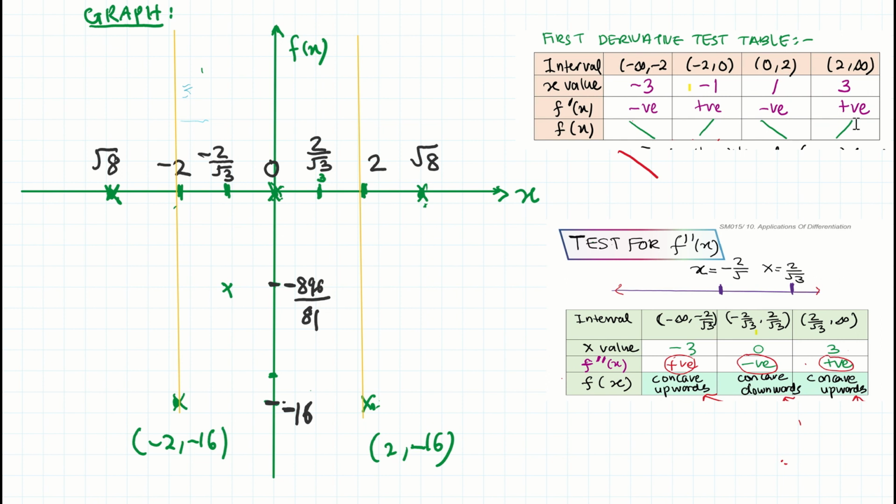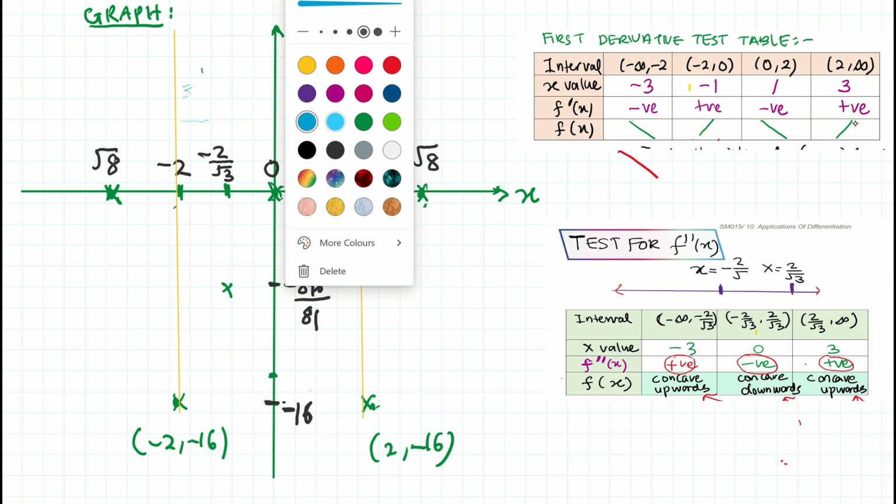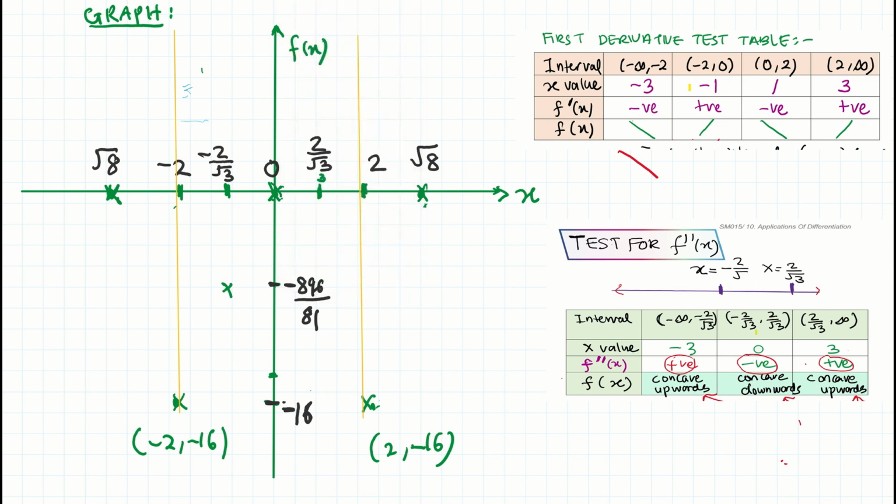So to draw the graph roughly, the function is decreasing from negative infinity until negative 2 and passes through the point negative 8, 0.